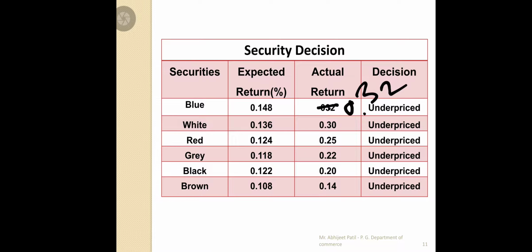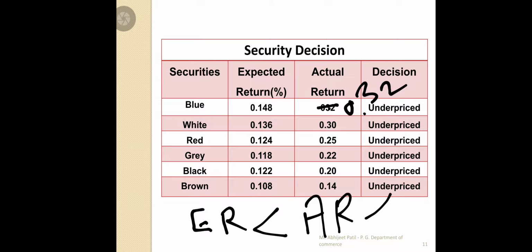So if the expected return is less than the actual return, you should write underpriced. Expected return is less than actual returns, and if for all the securities the expected return is less than the actual return, then the decision is that all the securities are underpriced. Remember the rules. If expected return is less than actual return, you should take the decision of underpriced.